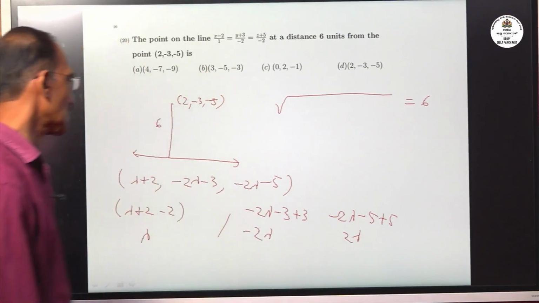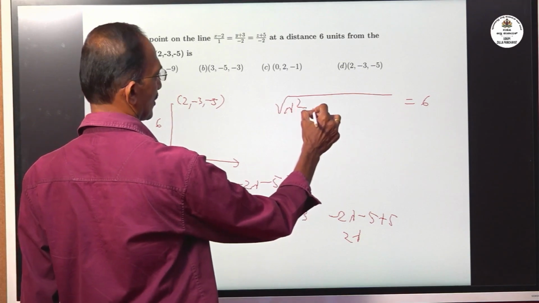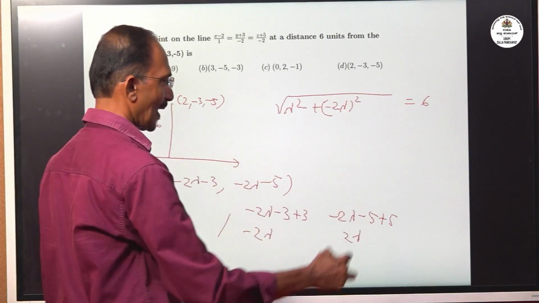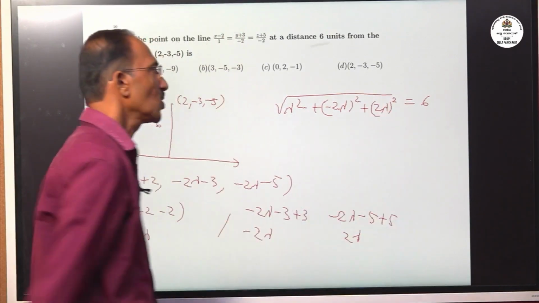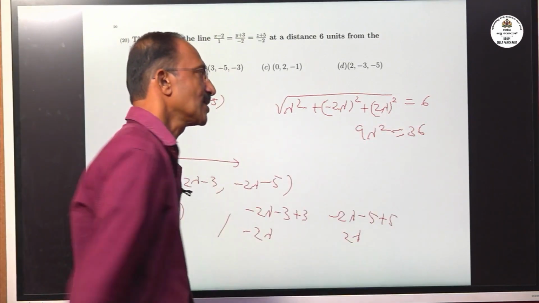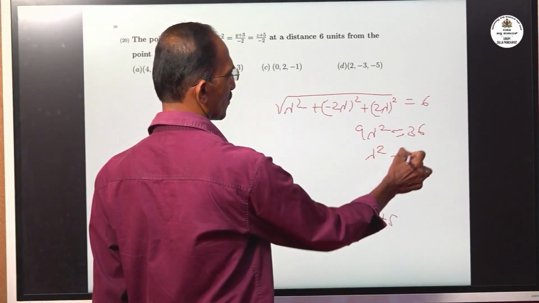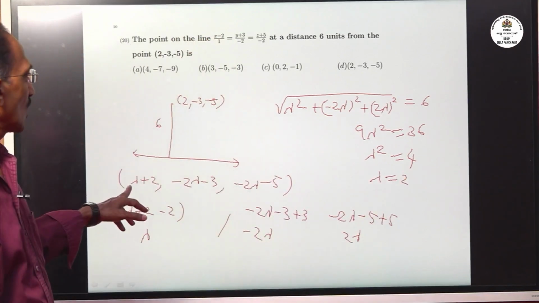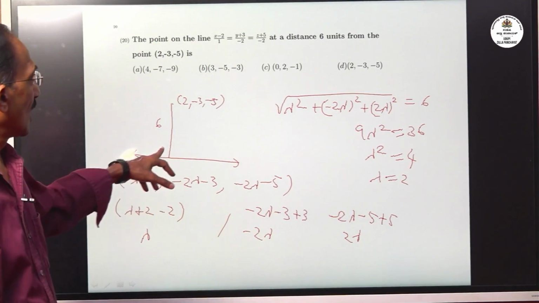If you substitute in the equation, you get lambda square plus (minus 2 lambda) square plus (2 lambda) square, so that is 9 lambda square. Squaring both sides, you get 36, so lambda square equals 4, or lambda equals 2. So lambda equals 2, just substitute in the line.